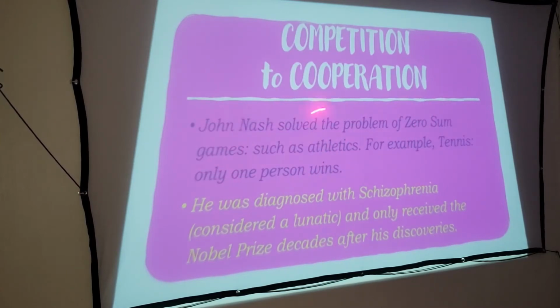John Nash solved this problem through the Nash equilibrium. And competitive equilibrium, that is basically what this is, tennis.